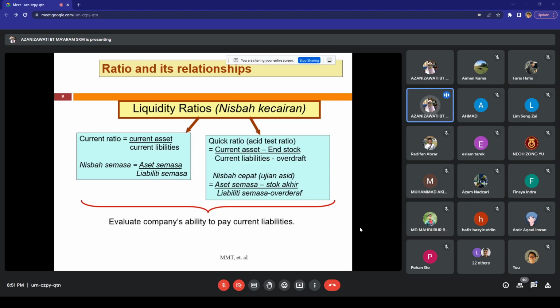As well as the quick ratio, or we call it the acid test ratio: current asset minus end stock, because end stock is also our asset, divided by current liability minus overdraft. Overdraft is also our debt. So the bottom one is the debt, and the upper one is our property or our asset. So this is to evaluate the company's ability to pay current liability.